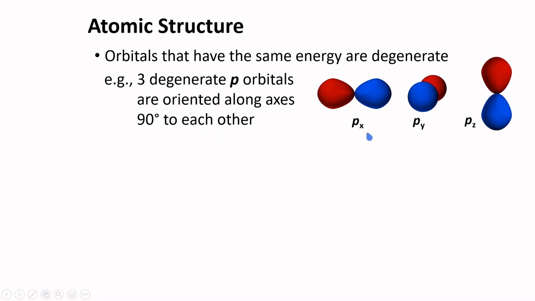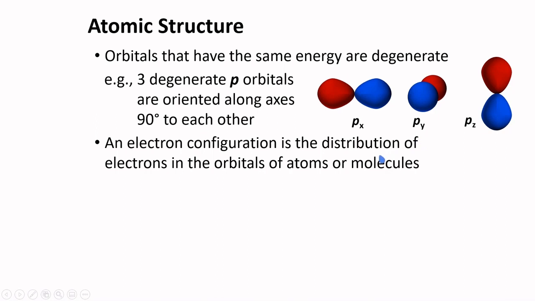You know them as px if it's oriented along the x-axis, py if oriented along the y-axis, and pz if oriented along the z-axis. We can say the same thing for the 5 d orbitals and the 7 f orbitals.